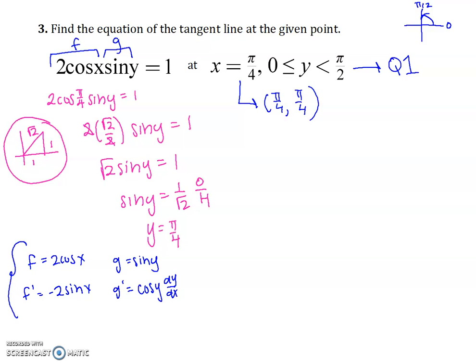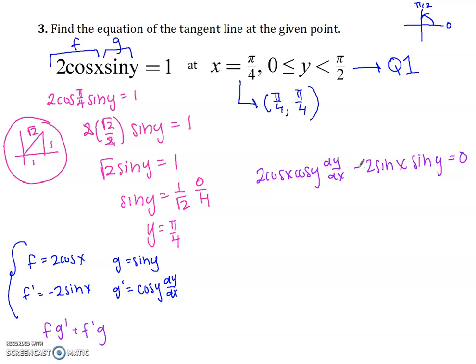Then I'll take this, plug it in to my f g prime plus f prime g. So that's going to give me 2 cosine of x times cosine of y with the dy dx plus negative 2 sine times sine, so that would just be minus 2 sine of x sine of y equals the derivative of 1, which is just 0.